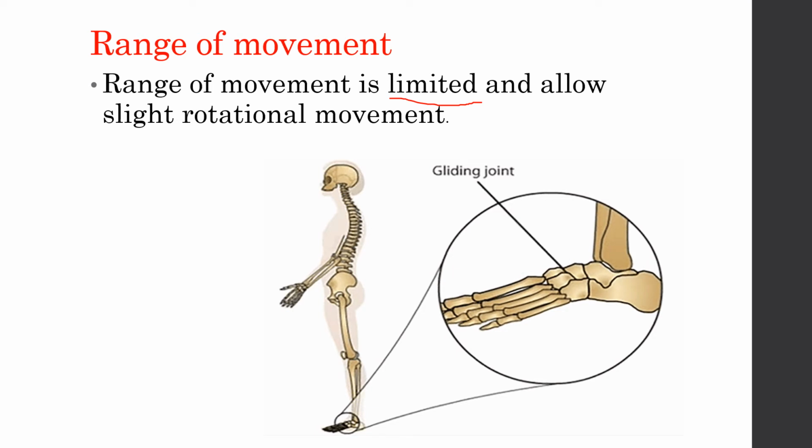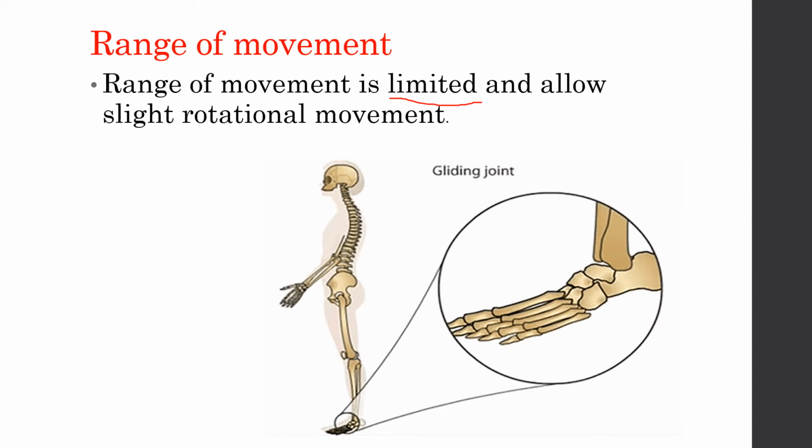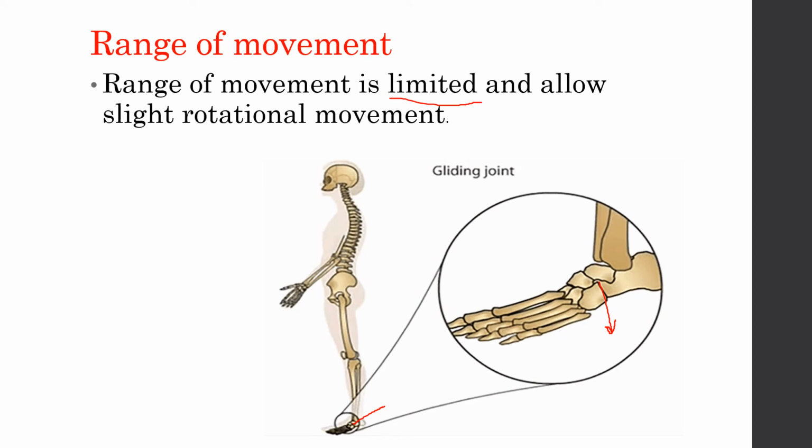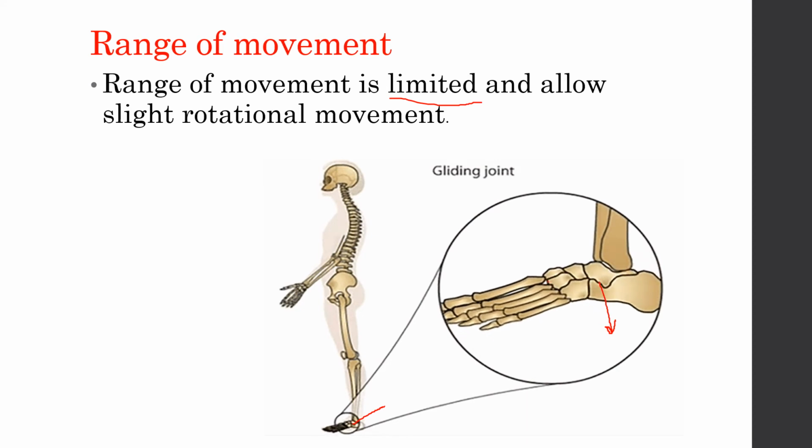Here you can see the slight movement of a gliding joint that is present in your foot, between the tarsal bones. These are the tarsal bones of the foot, and the movement is only slight upward and slight downward. You cannot rotate your foot in any direction. So the range of movement of the gliding joint is limited.